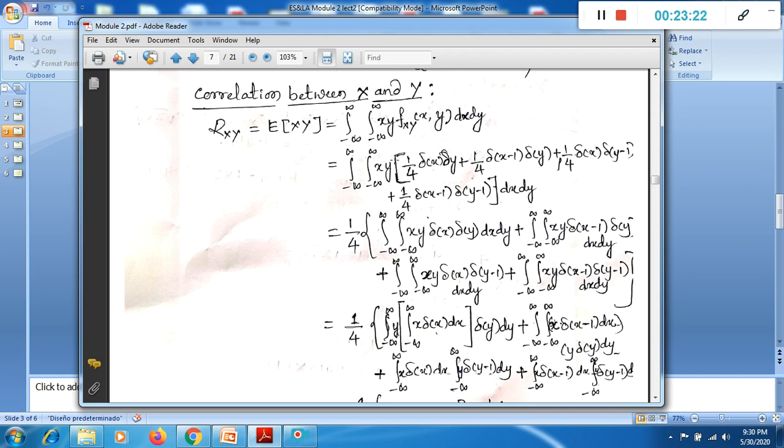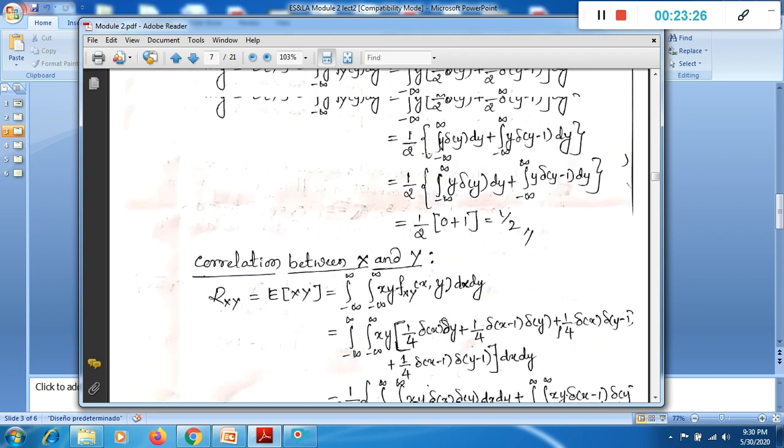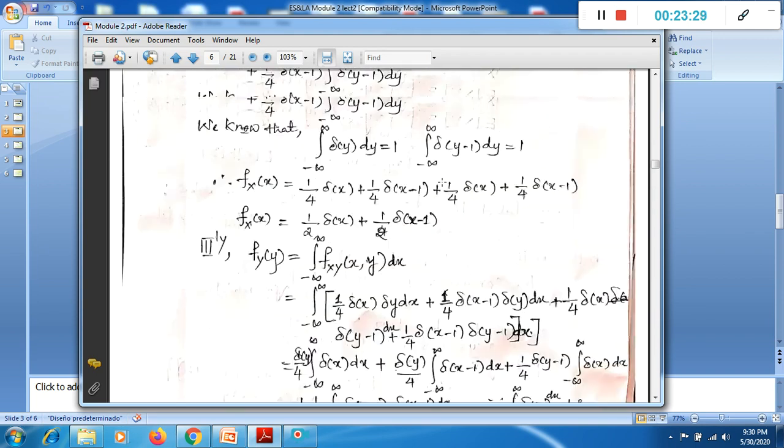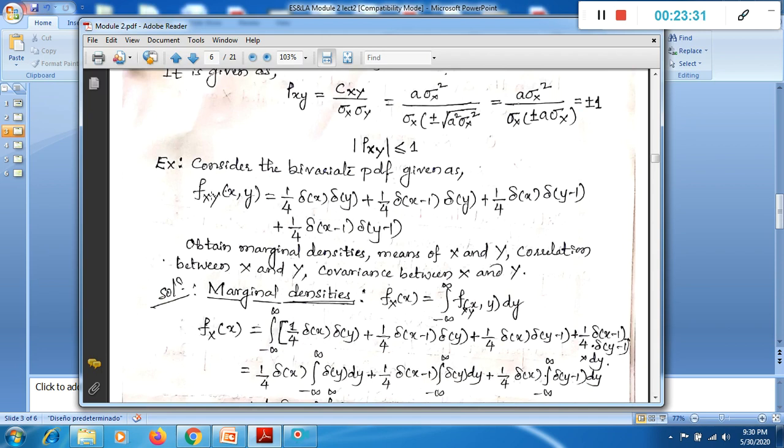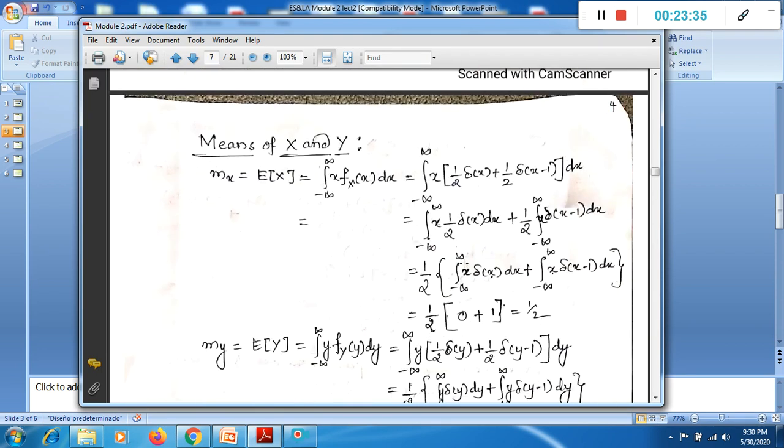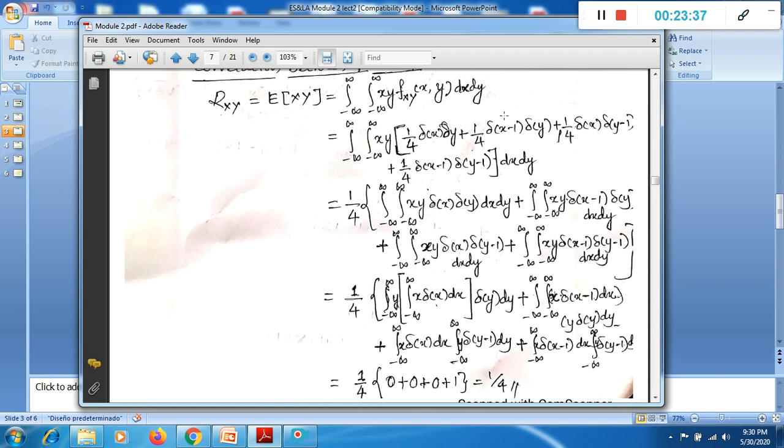So we write fxy of x and y, whatever is given in the problem. In the problem it is given in this way, so we write the same thing here. Once we do that, we need to just carry out that integration.